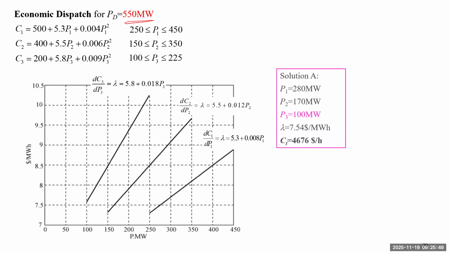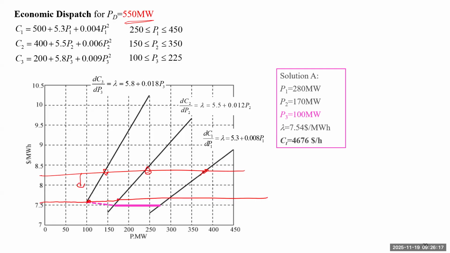So visualize this solution on the graph, which is like you start from maybe any initial guess. So the intersection point total will be higher than 550. Which means you need to move down. Then when you move down here, the unit number 3, which is the most expensive unit, reaches the lower limit.